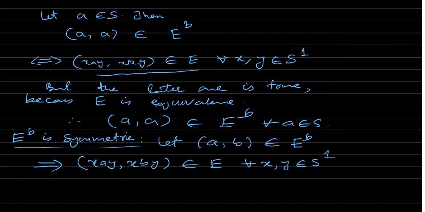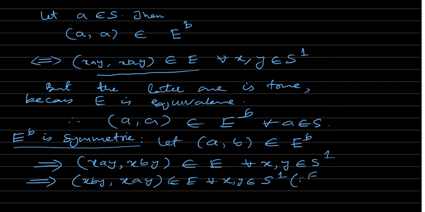Now since this is an equivalence, whenever (xay, xby) belongs to E, it implies that (xby, xay) is also in E by the symmetric property of E. This implies (xby, xay) belongs to E for all x, y belongs to S1, because this E is symmetric.